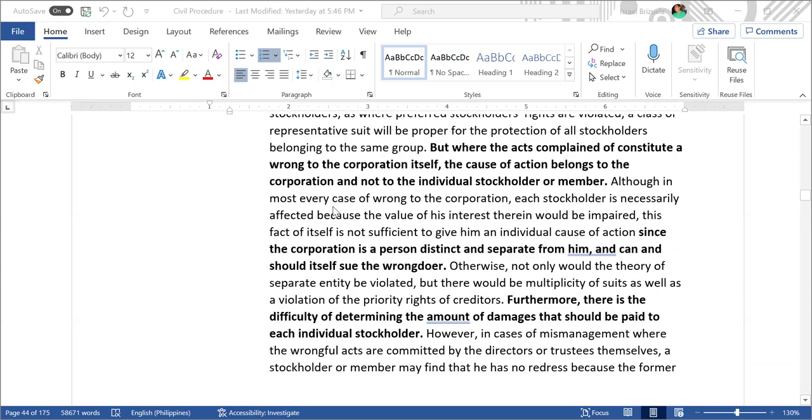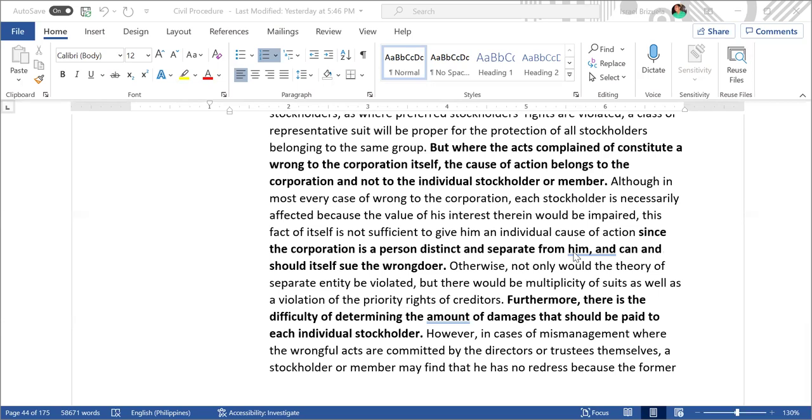Although in almost every case of wrong to the corporation, each stockholder is necessarily affected because the value of his interest therein would be impaired, this fact of itself is not sufficient to give him an individual cause of action, since the corporation is a person distinct and separate from him and can and should itself sue the wrongdoer.